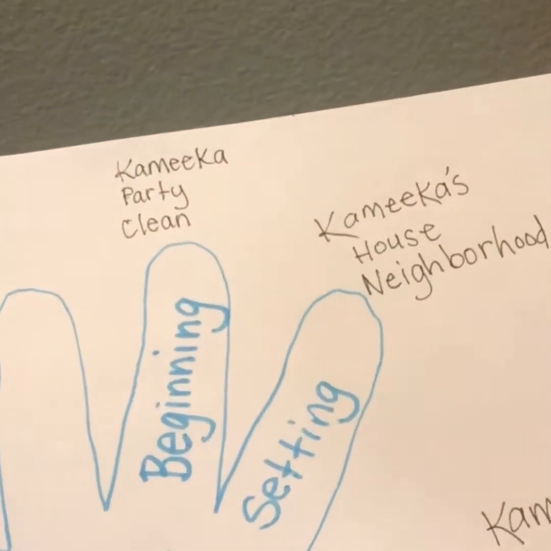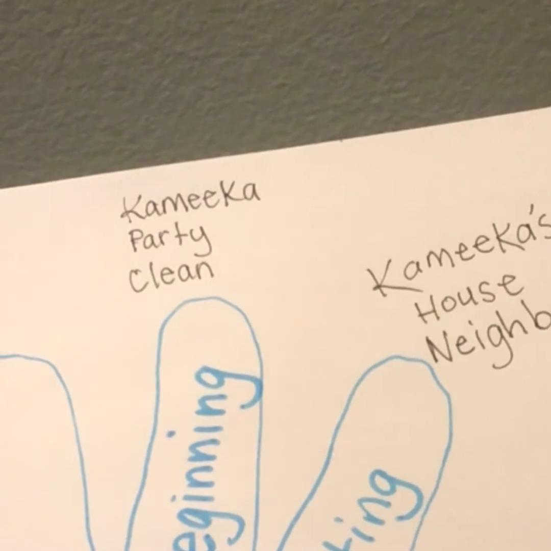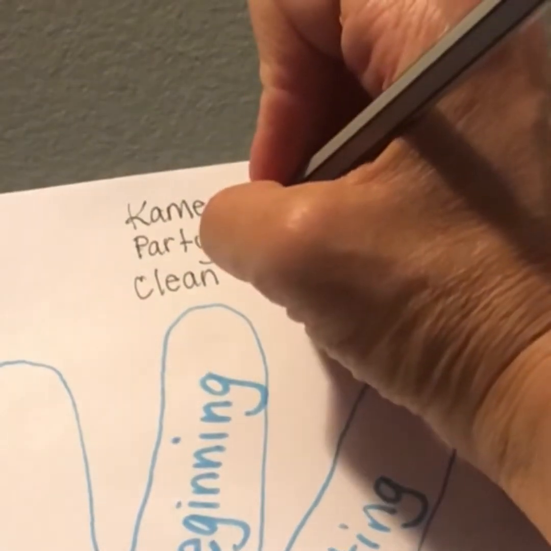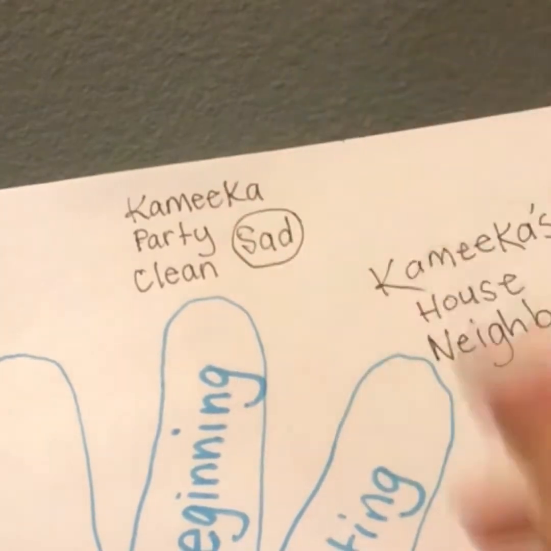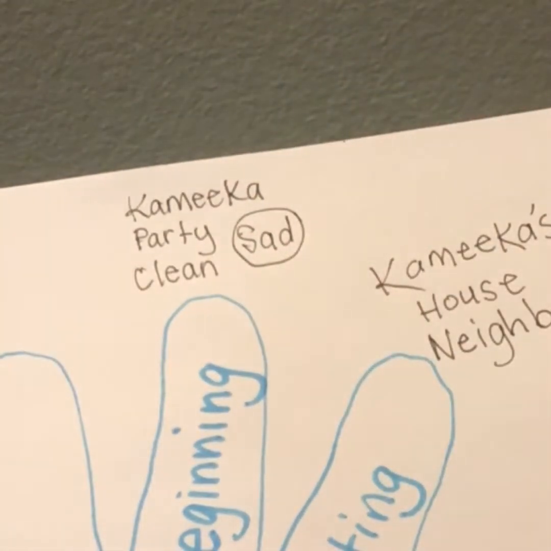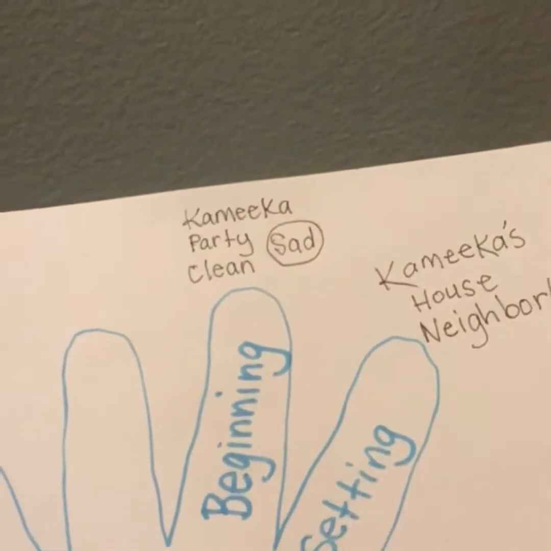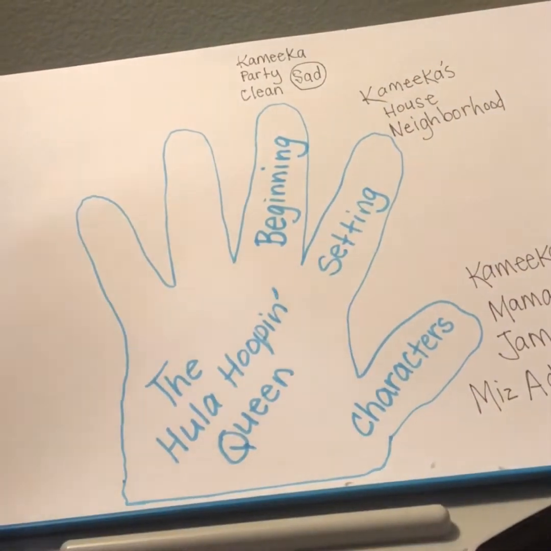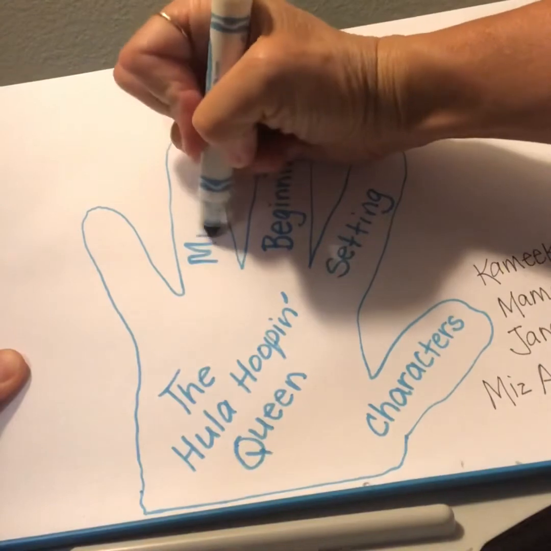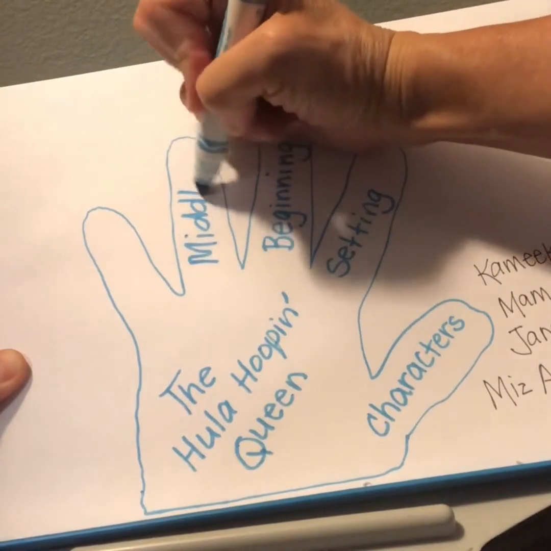Okay, it's Miss Adeline's party, and so they have to do a lot of cleaning and they have to bake a cake. All right, and this makes Kamika sad, and so we should really talk about feelings as well when we're retelling. All right, then the next thing is the middle.